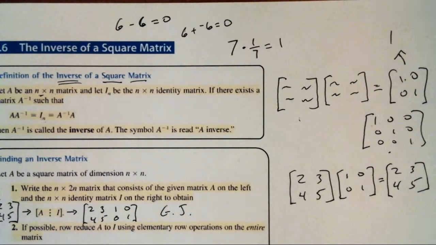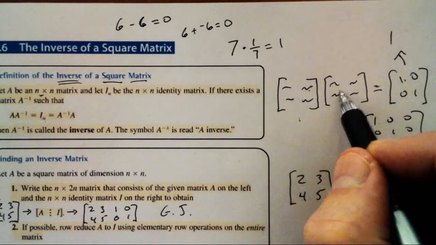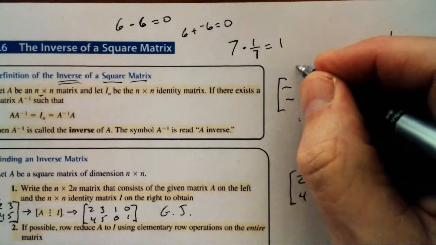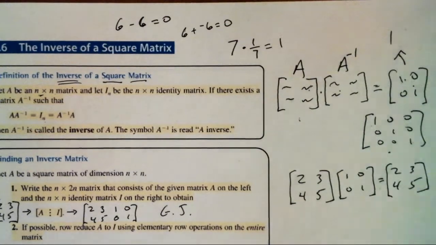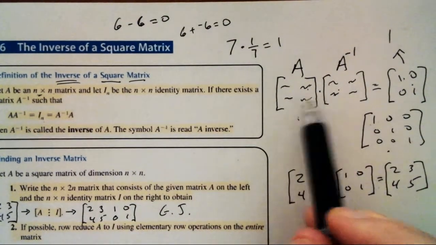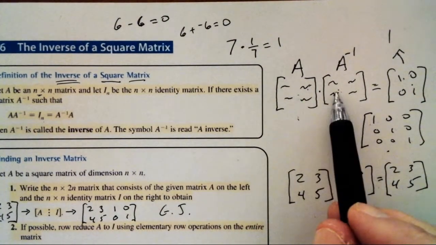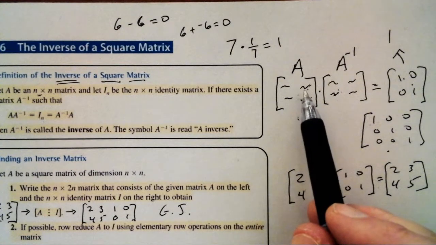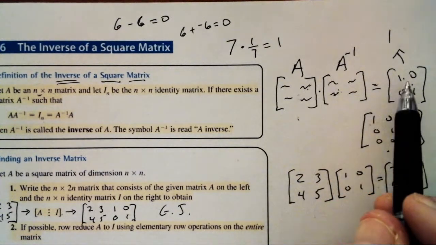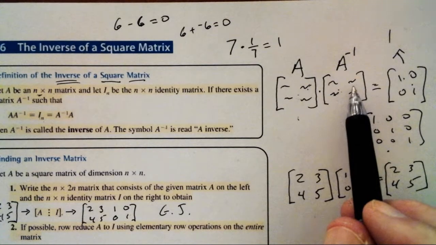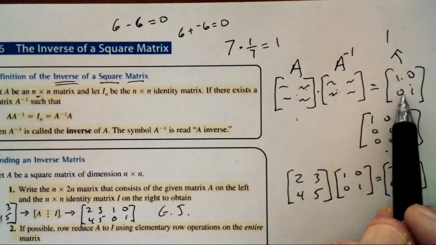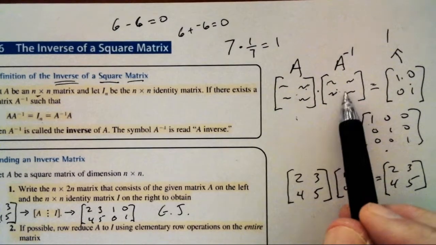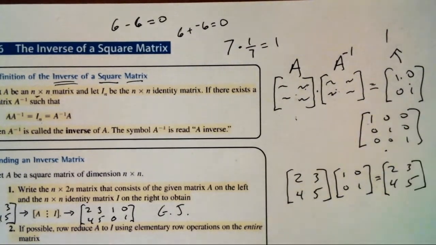Okay, so if I had two matrices that multiplied to be 1, if this was referred to as A, we would call this one A inverse. Multiplication of matrices is not commutative, but if matrix A times matrix B gives you 1, 0, 0, 1, then matrix B times matrix A will also give you that.